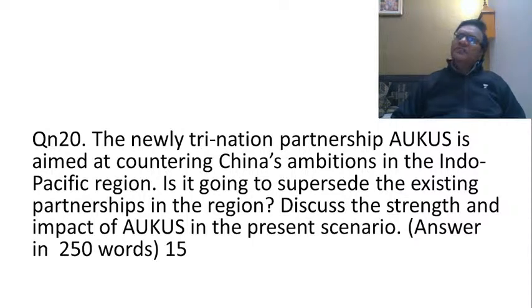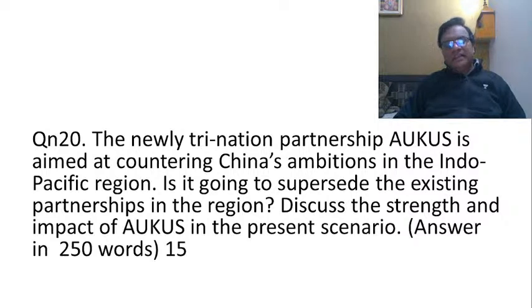As usual, you have to start with the why aspect of the question. Why did they come together? That is what we have to look at. They came together because of the failure of the Quad, the quadrilateral dialogue between India, Japan, Australia, and the United States of America.